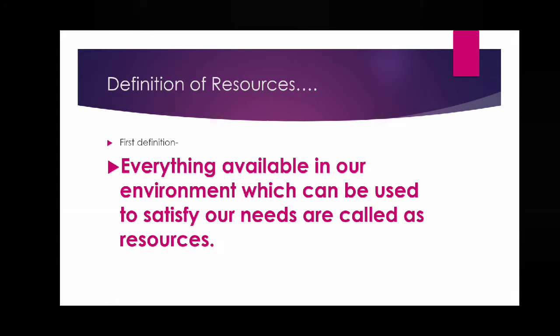Everything available in our environment, whatever the thing, it may be biotic, that means which has life, or abiotic, which has no life, or it may be natural or man-made, whatever is available in the environment. And not only availability in the environment, but also it can satisfy our needs. When it can satisfy the needs of human beings, then this thing will be called a resource.